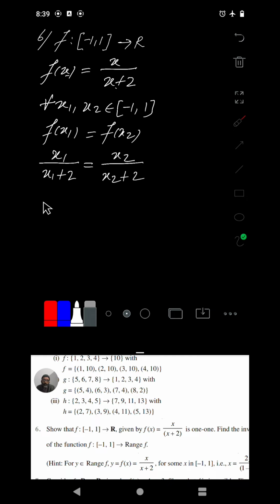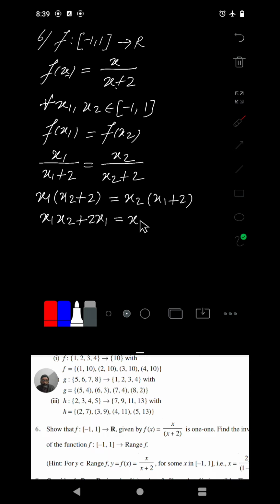Now cross multiplying, we have x1(x2+2) = x2(x1+2), or x1x2 + 2x1 = x1x2 + 2x2.